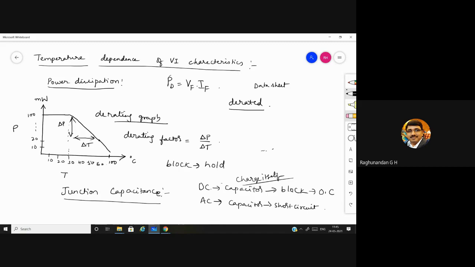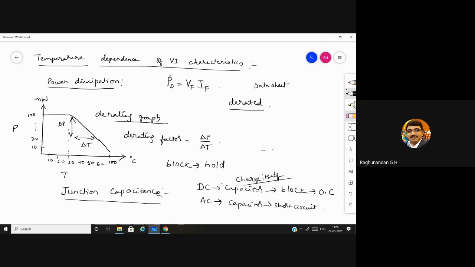So the capacitor can be charged only with DC. Please remember, the capacitor can be charged only with DC. You cannot charge using AC, because the capacitor offers zero or almost minimum resistance to the flow of AC. When you allow that AC to flow through, the capacitor will not get charged. But since the DC is blocked, the blocked charges or current will be used to charge itself.